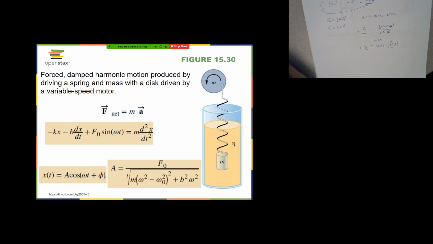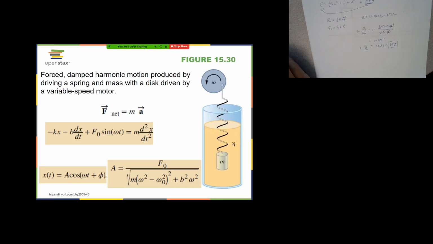Now the net force in this case has the force from the spring constant, and then there will be the resistance from the fluid. So again, this will be minus b times v, and this will be minus kx. The mg is already canceled out by the original equilibrium position.